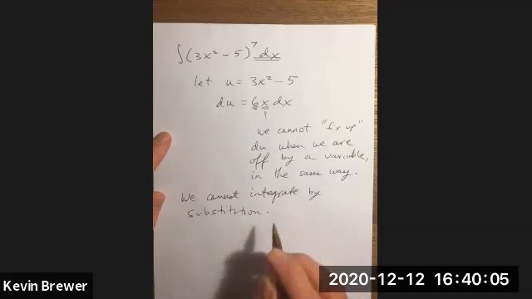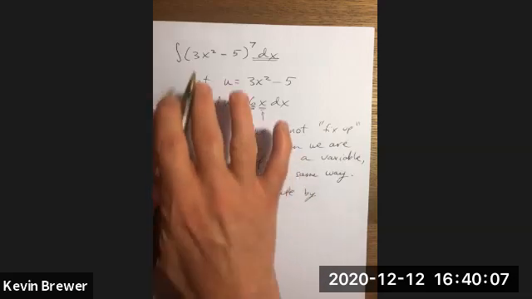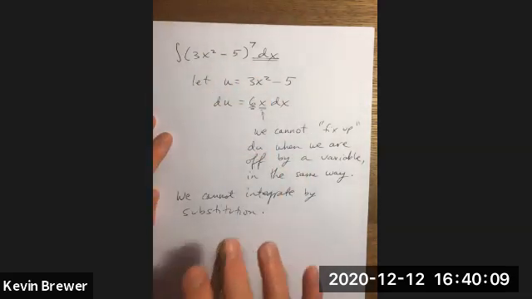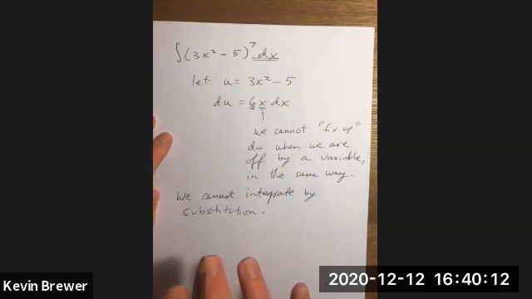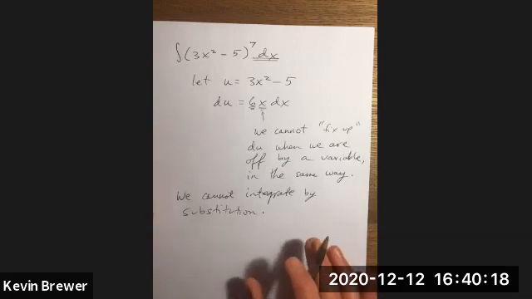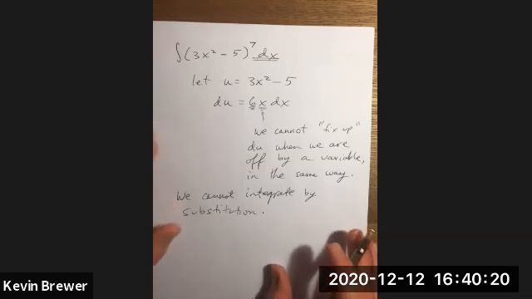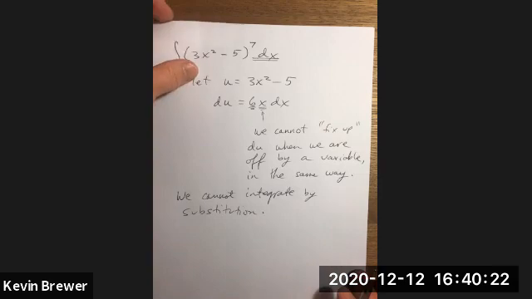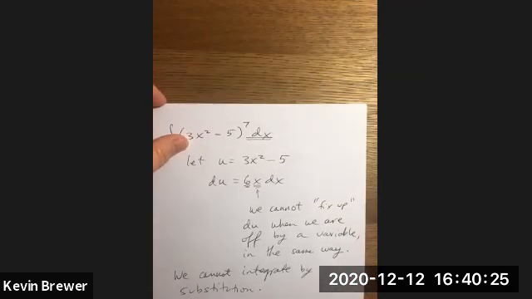And the book actually puts this in the instructions. It says either evaluate the integral or indicate that we cannot do it by integration by substitution. Now, you might wonder, what does that mean? Does that mean we simply cannot evaluate this integral? Well, let's come back up here and think about it.